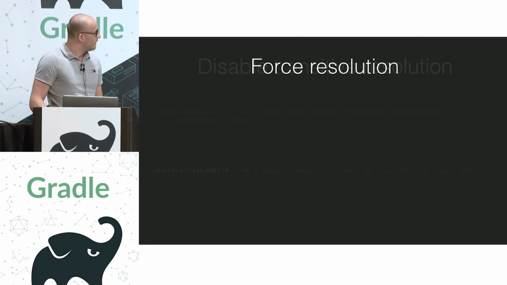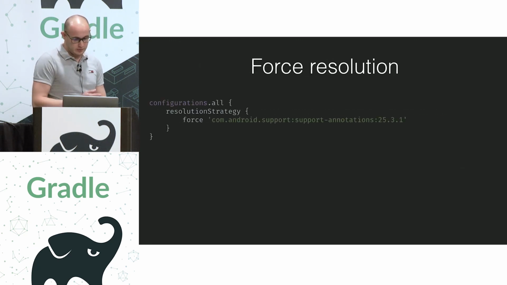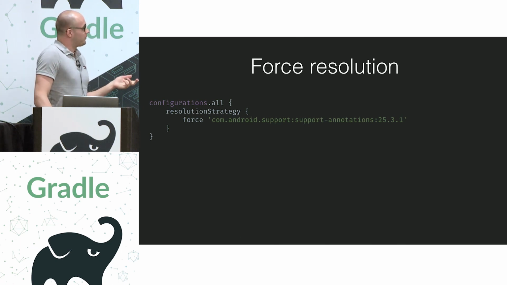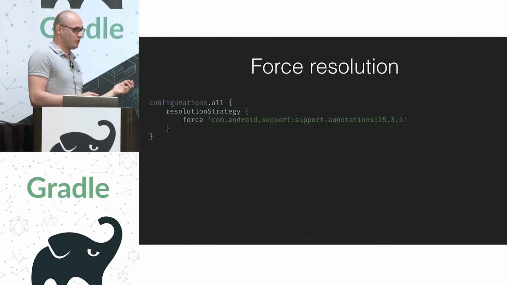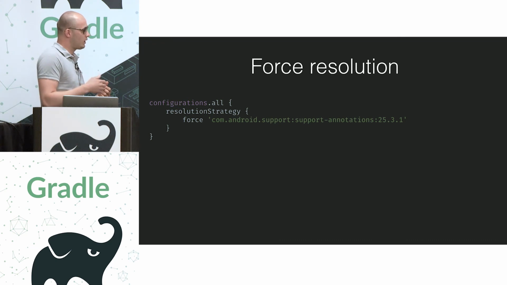And another popular way is to have force resolution for all configurations. We can have a strategy, like the exclude thing is what we do for a particular dependency, and resolution strategy is what we do for a whole configuration.